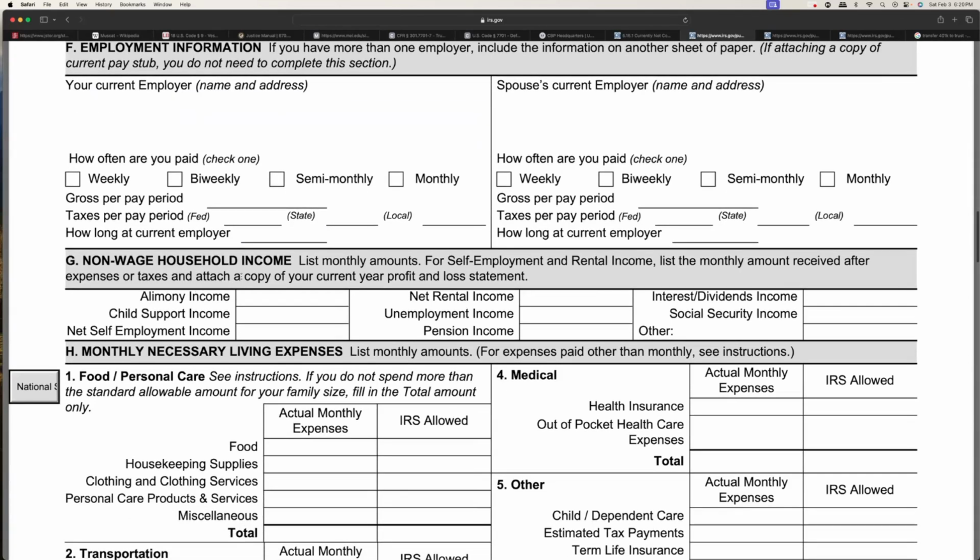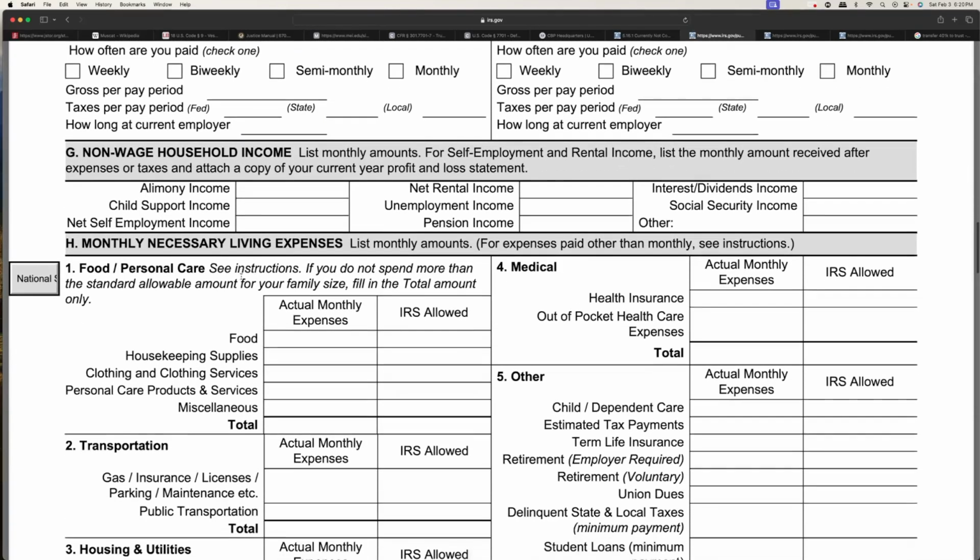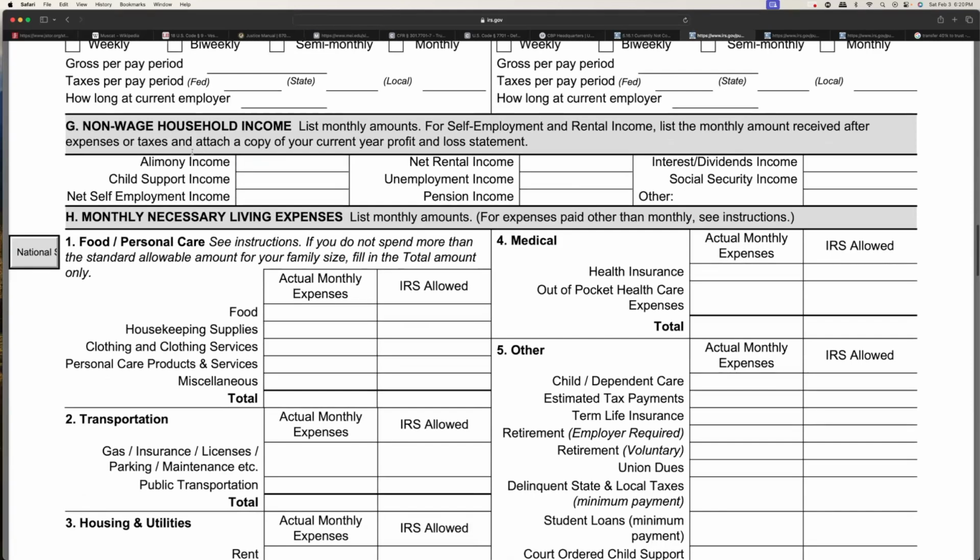Non-wage household income. Any of this, we're talking about alimony, child support income. This would be for the ladies, of course, if they're getting child support. Rarely do we see men getting this from the women. So NA, NA, NA. We're not going to say we have rental income because rent is taxed.